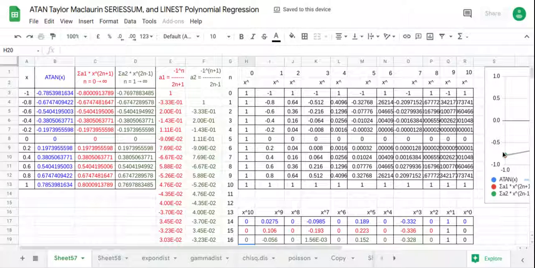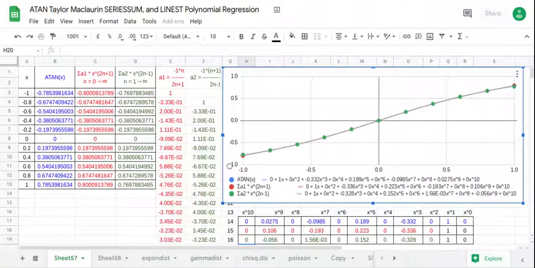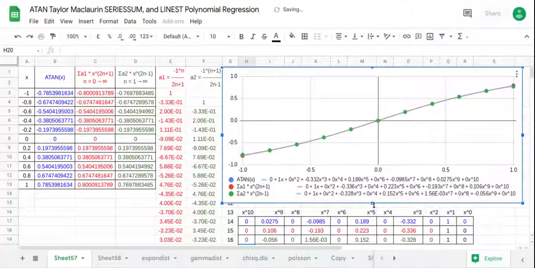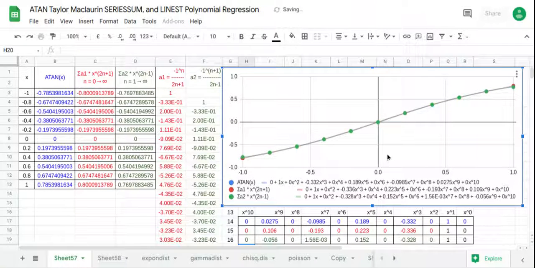Let's compare our polynomial regression coefficients against our polynomials on the chart.